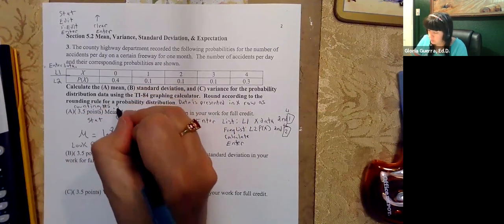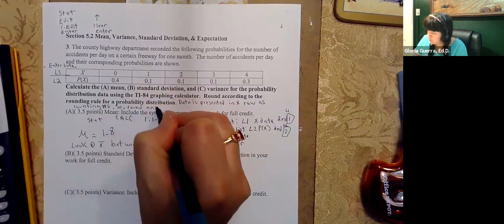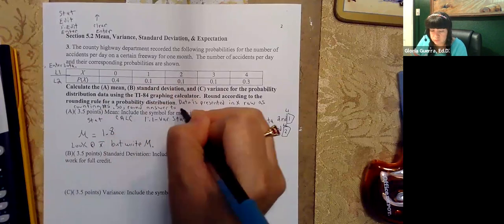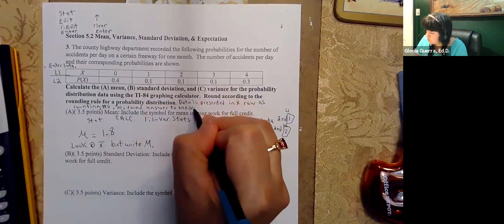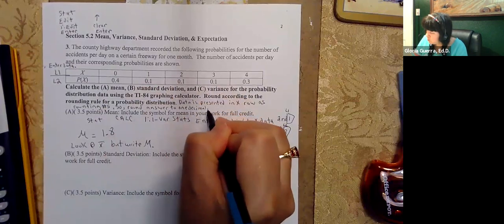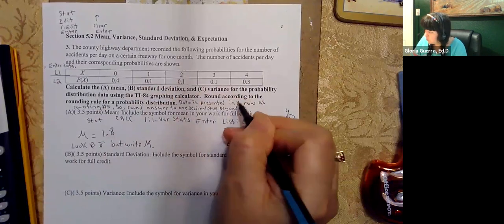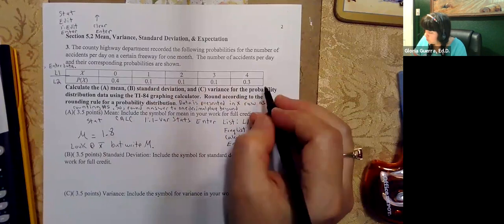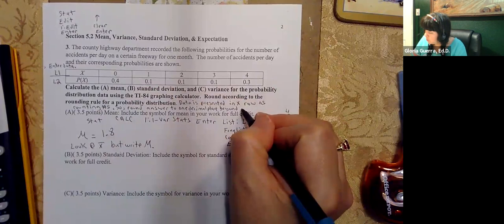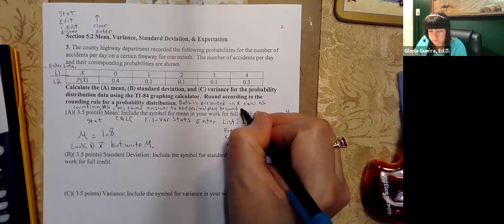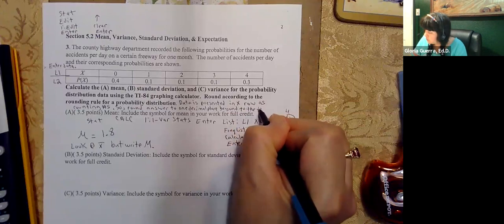So that means you're going to round answers to 1 decimal place beyond, to the 10th place.